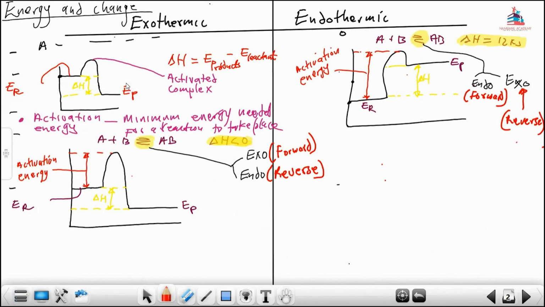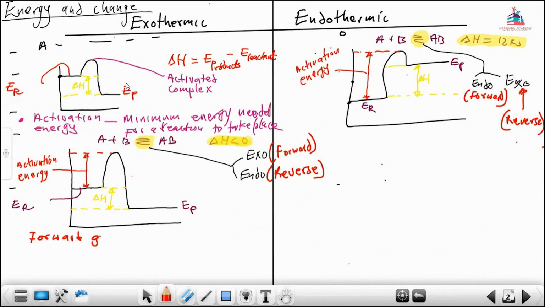Now, if I have the graph as it is, everything here is basically for the forward reaction.